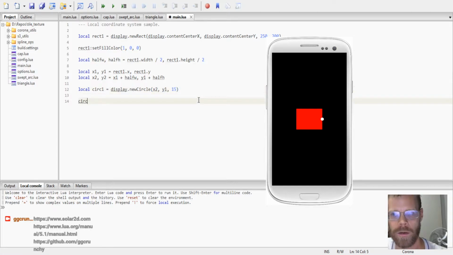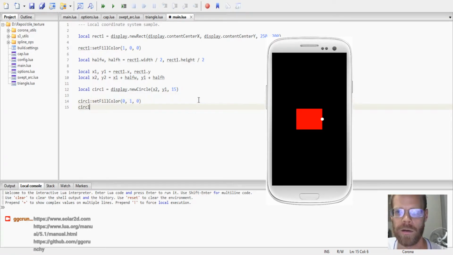And give it the same color treatment. Make it green. And let's add a stroke.